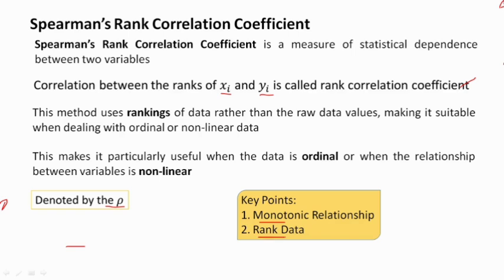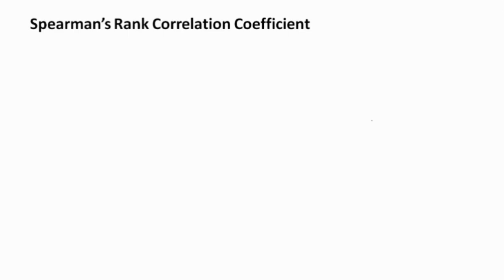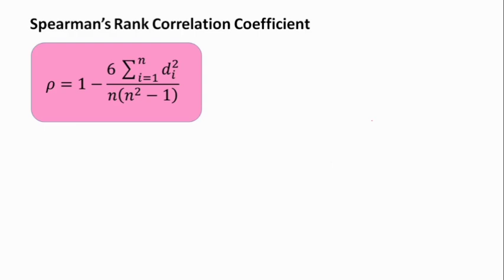Spearman's correlation works by ranking the data points instead of using the raw data values. It assigns a rank to the values of each variable. So these are the two important key points, and we also have the assumptions of Spearman's rank correlation coefficient. Let's see how to calculate it.